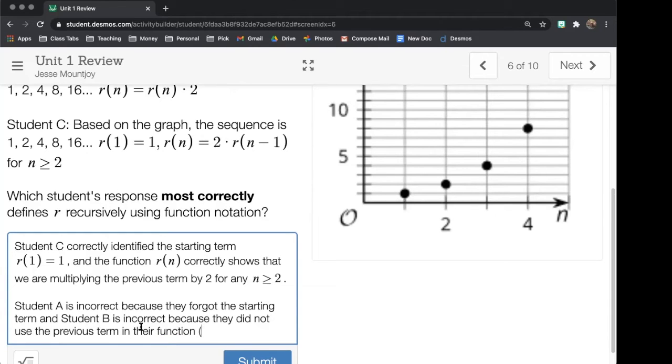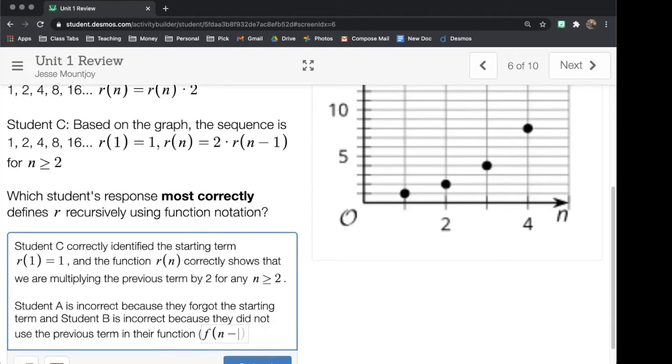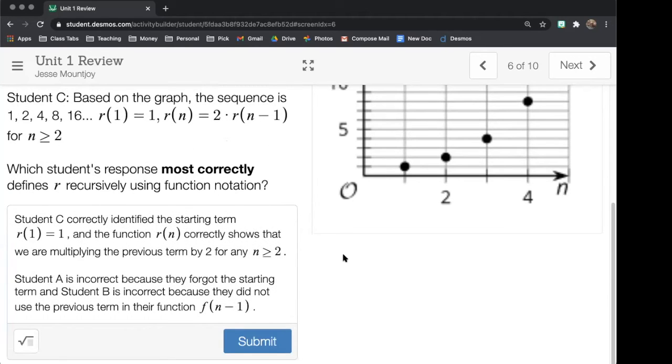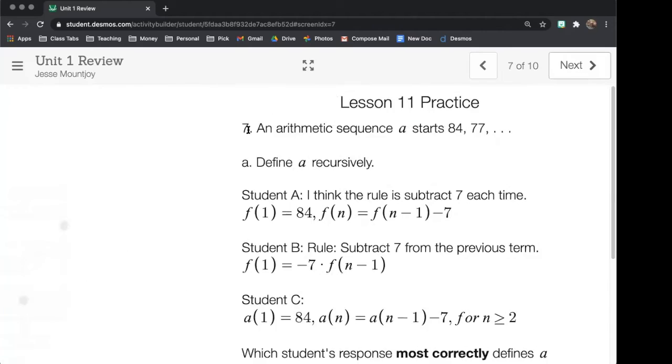And I'll make a note that the previous term was supposed to be f of n minus 1. So I'll just make that clear. That's what they should have had in their function. Okay. All right, let's keep going.